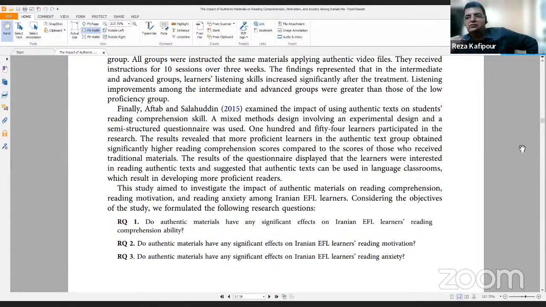It talked about the significant role of the materials in this topic, so the impact of authentic material on reading comprehension. It wants to say, whenever we want to have an effective reading comprehension, the role of authentic material is something that should be overemphasized.